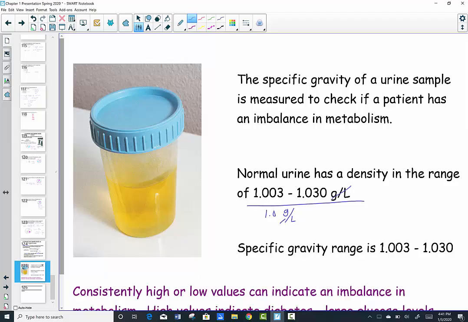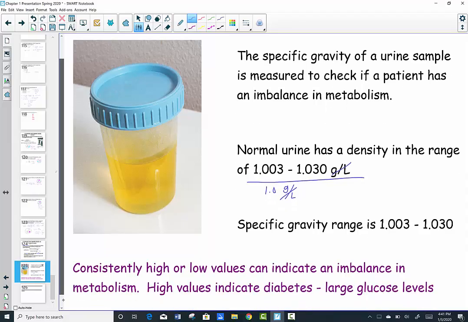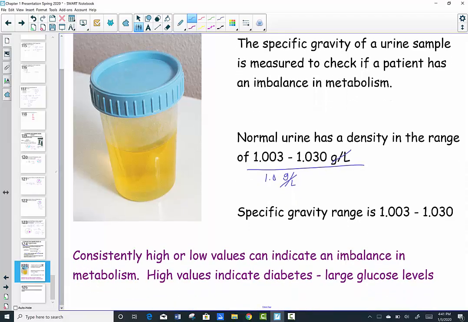Those units cancel and you've converted density into specific gravity. The exact same number, but no units. Consistently high or low levels can indicate an imbalance in your metabolism, indicating perhaps the presence of diabetes if your glucose levels are high over a span of time.